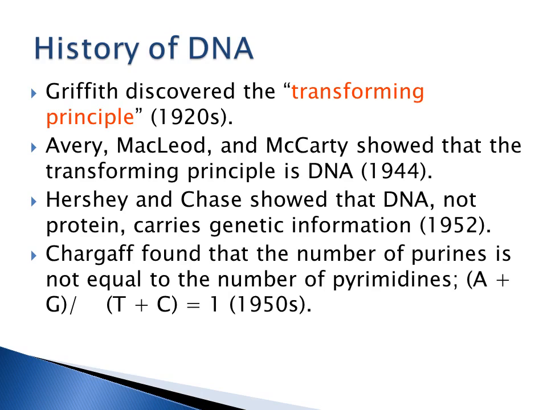And Chargaff, we're going to talk about Chargaff a little bit more in detail, found that the number of purines is not equal to the number of pyrimidines. So what Chargaff showed is that (A + G)/(T + C) equals 1. So the ratio of A's and G's to T's and C's equals 1, and that was done in the 1950s.